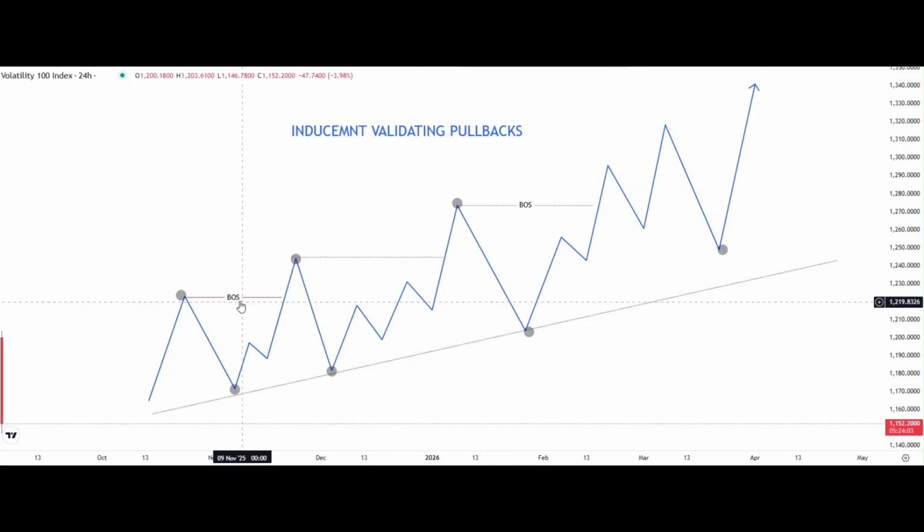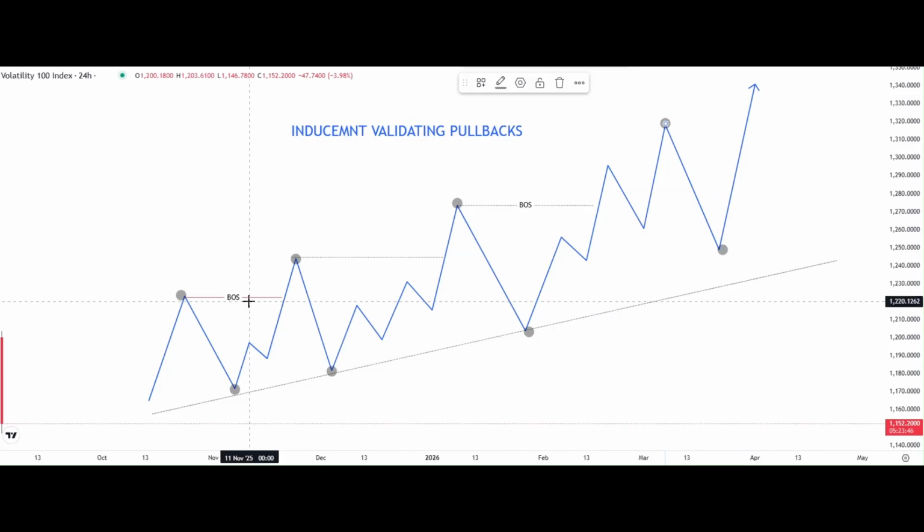Okay. So we have a series of swing points. We have high, high, low, high here, high, low here, high, high, low. And of course, this would have been the higher low that we're looking at this point.